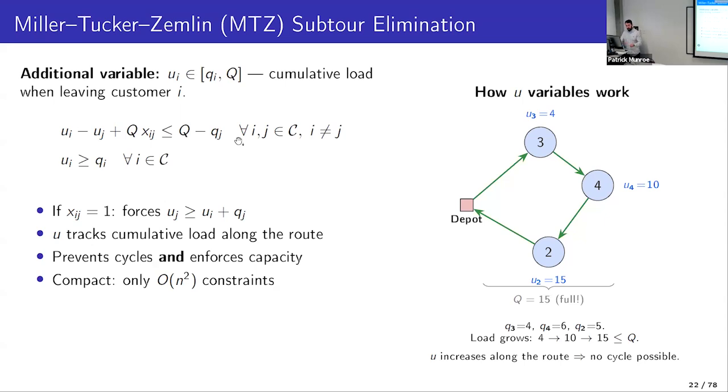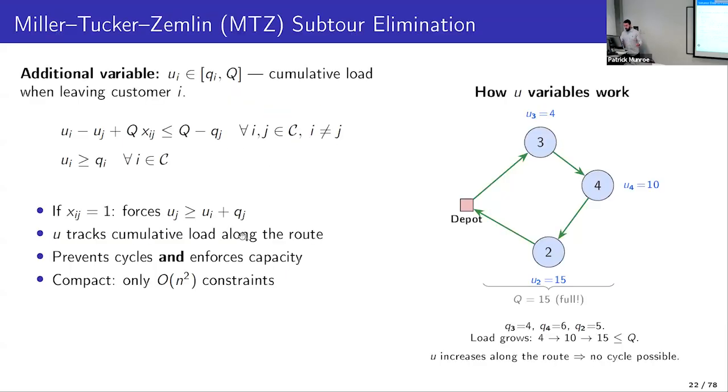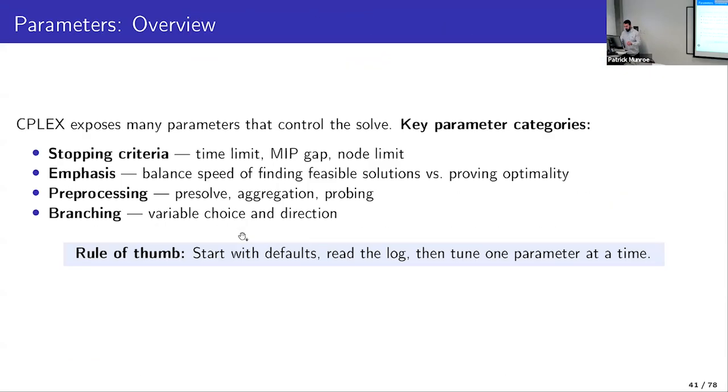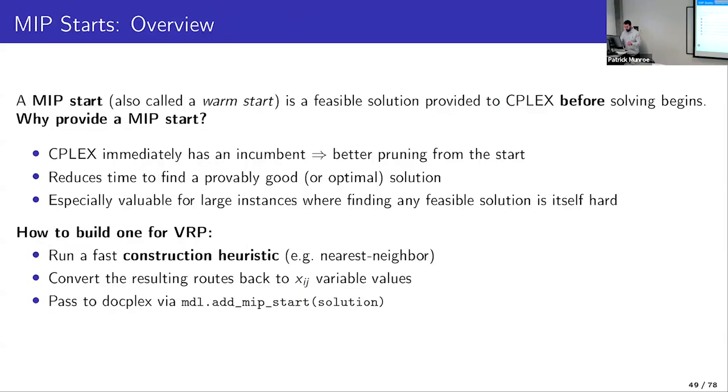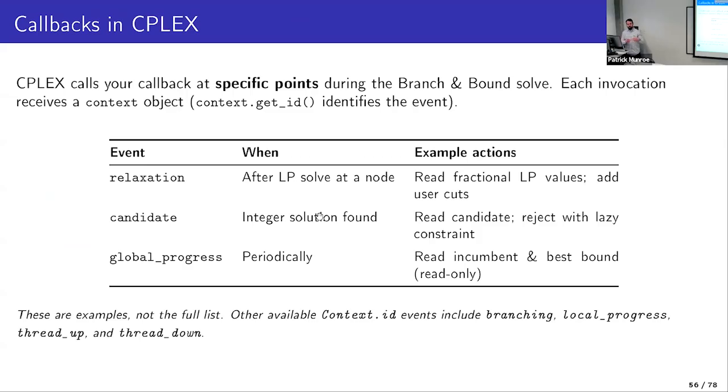Then what you can do is say, okay, I'm going to run this model, knowing that I may have subtours, but when the callback is called, at the event candidate, I will check whether there's a subtour in the solution. If there's a subtour, I will myself say, oh, the solution is wrong, I will reject it, and I will add a new constraint to the model that says you should reject all solutions that have this kind of subtours.